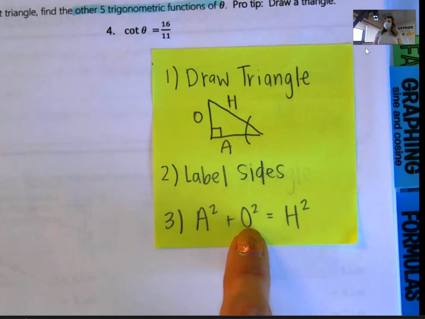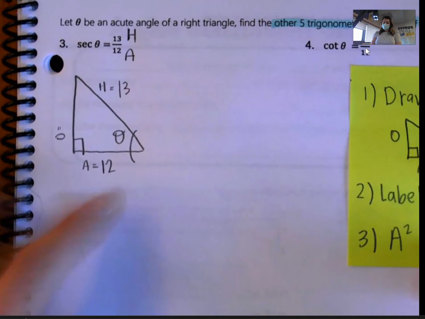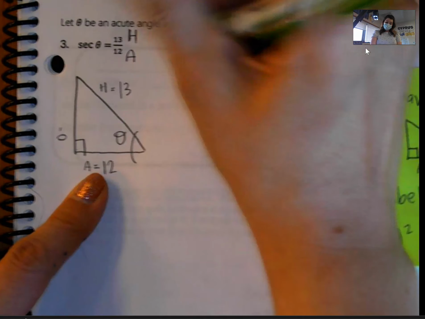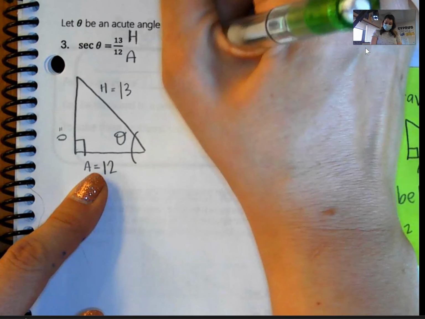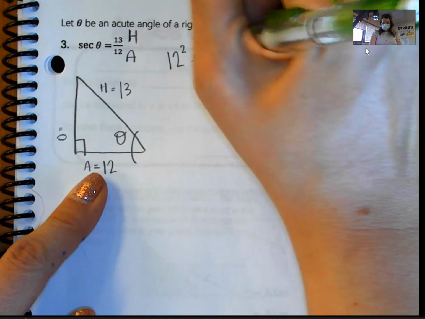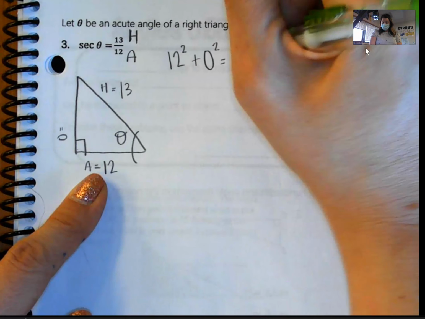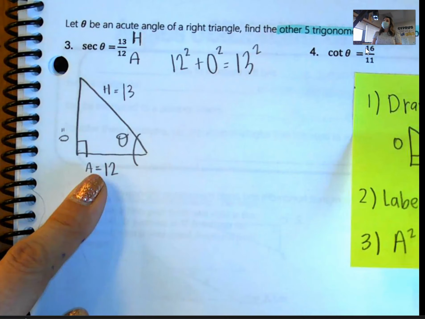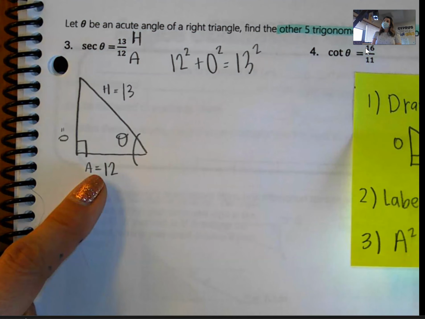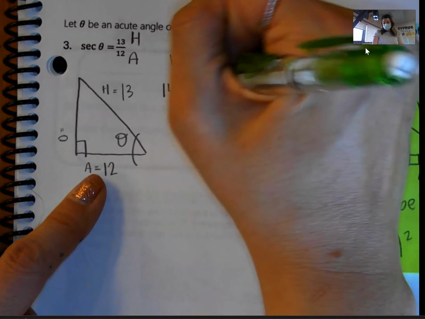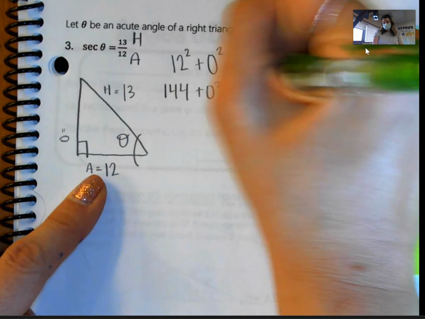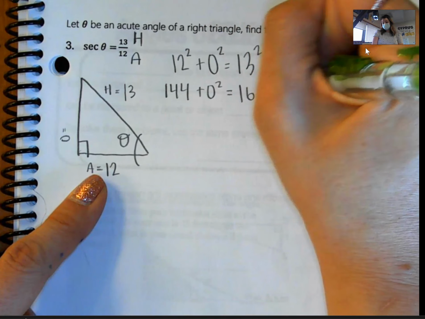Step 3, use this formula. A squared is 12 plus o squared equals 13 squared. That's going to give me 144 plus o squared equals 169.